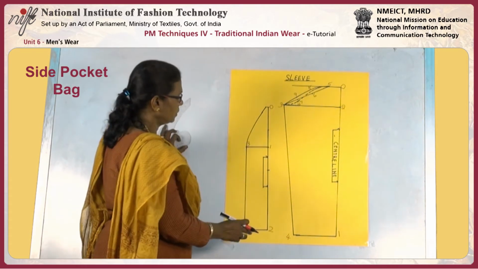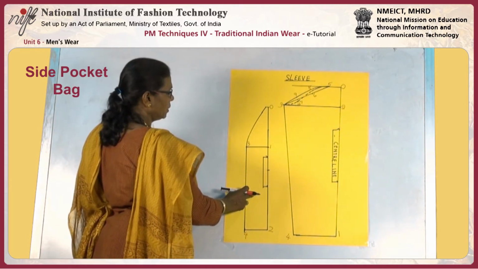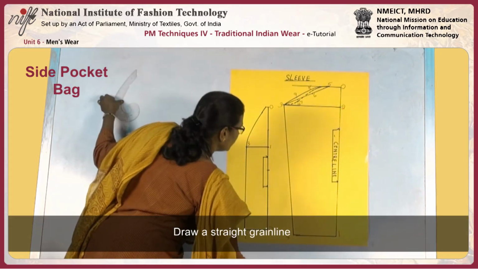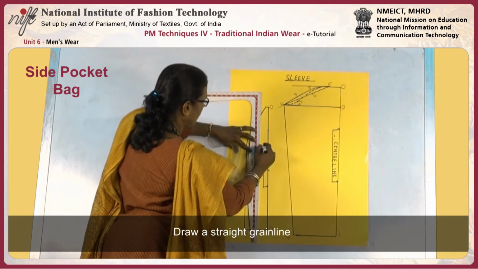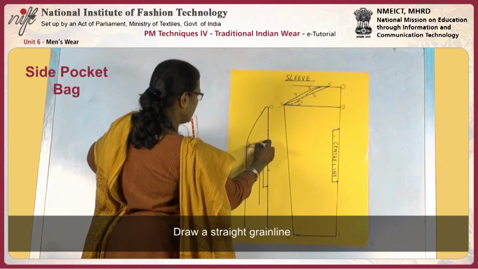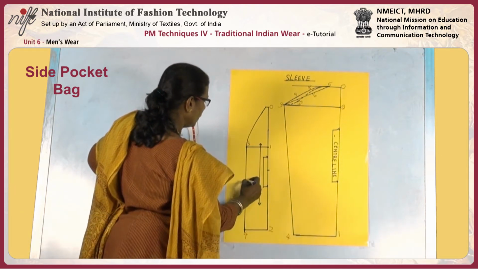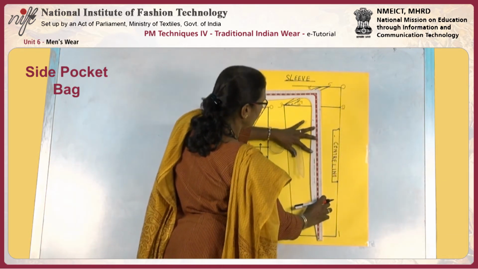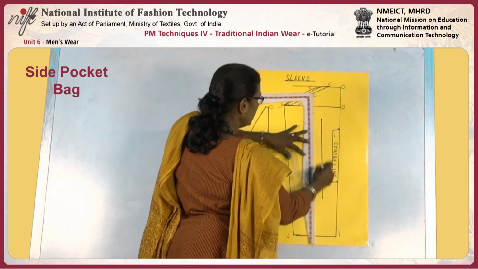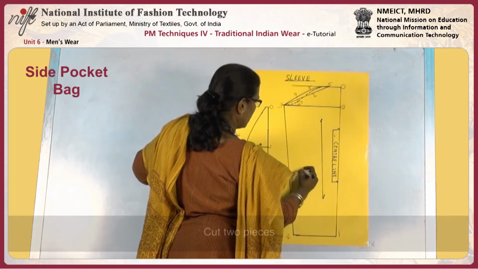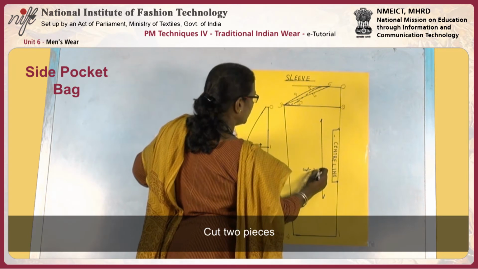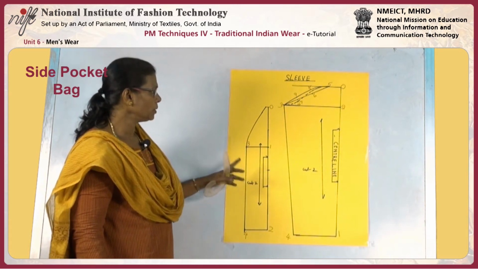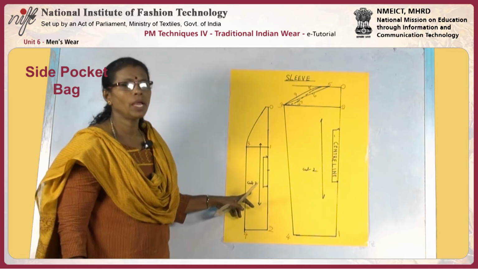This is for the pocket, back, on fold, and the grain line should be the straight grain, and we need to cut 2 pieces. The sleeve should also be on straight grain and cut 2 pieces. Now the kurta pieces, front, back, sleeve and pocket bag are over.